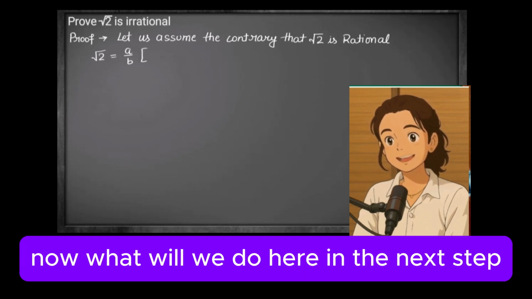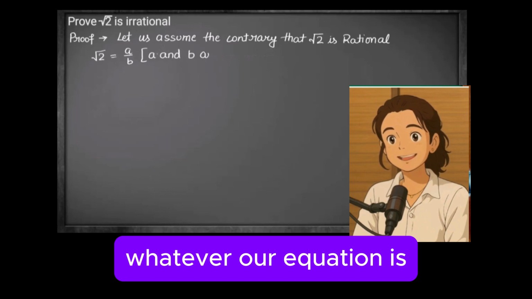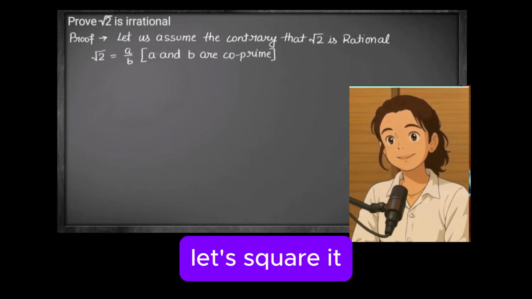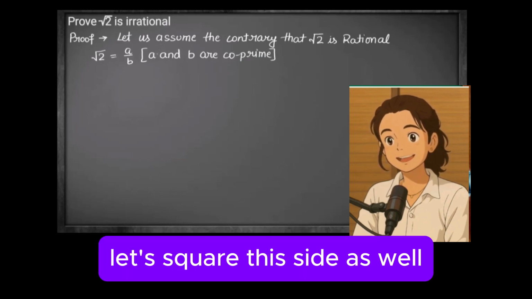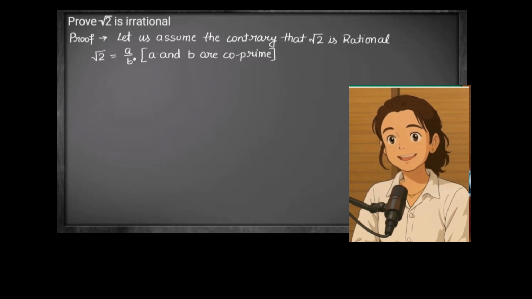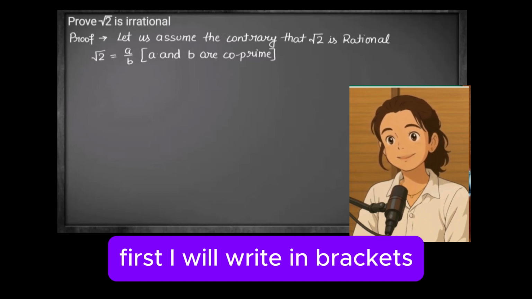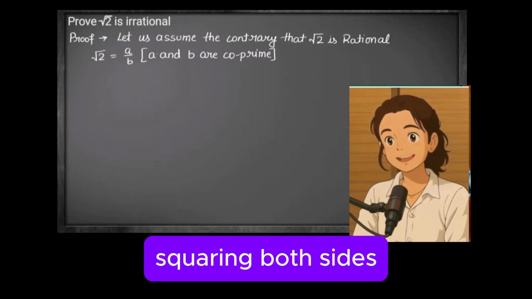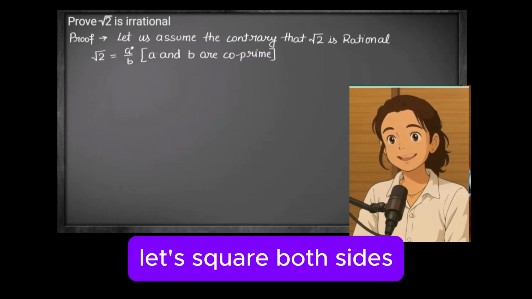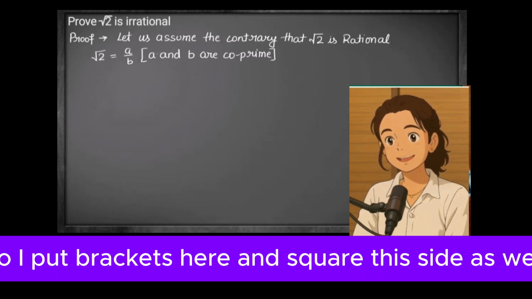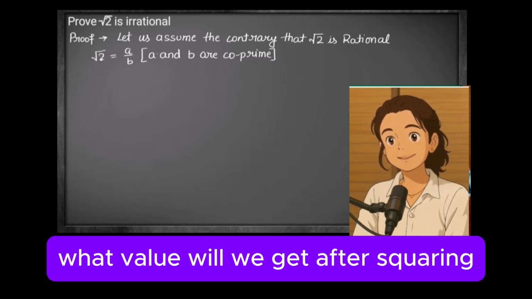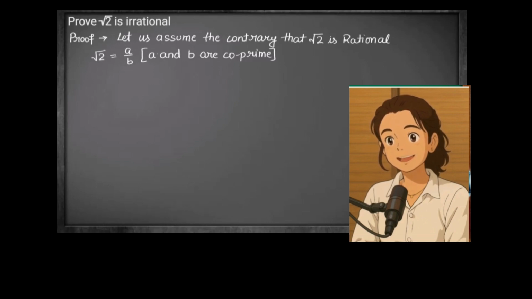Now what will we do in the next step? Whatever our equation is, let's square it. Let's square both sides. First, I will write in brackets, squaring both sides. So I put brackets here and square this side as well. What value will we get after squaring?